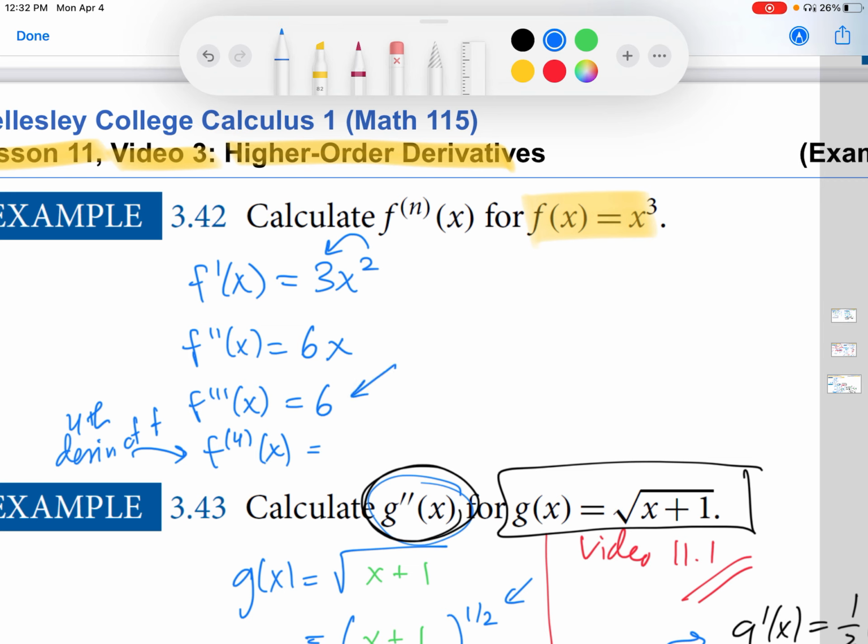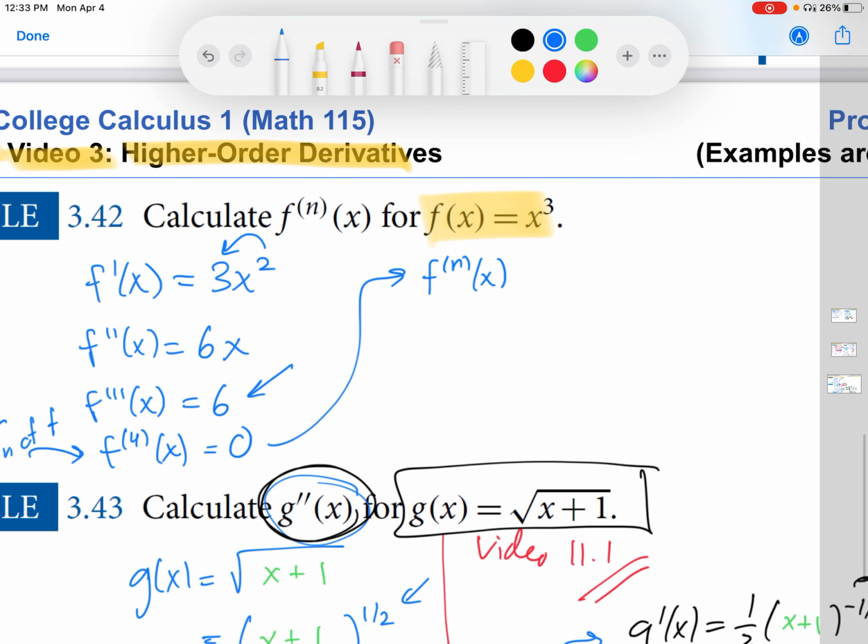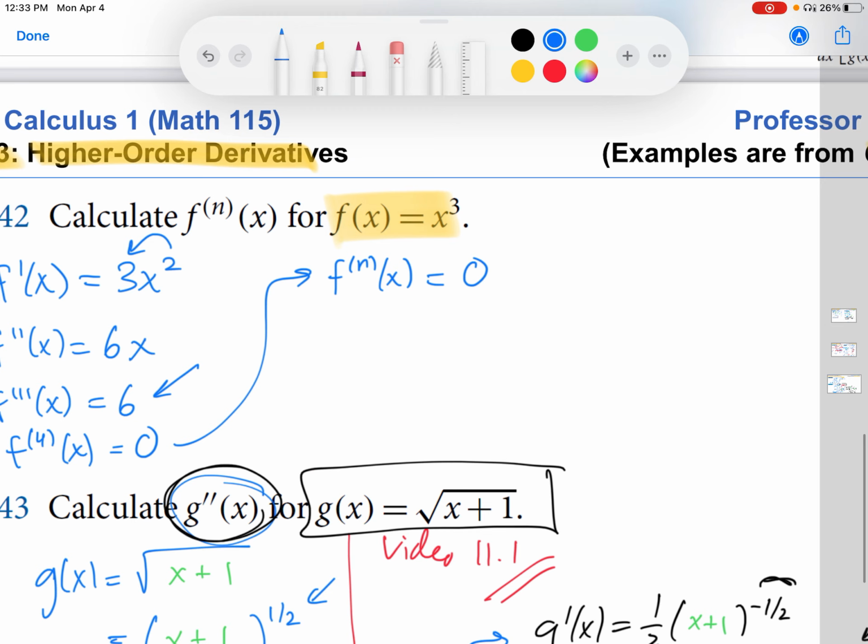The third derivative was a number, the derivative of a number is 0, so the fourth derivative is 0. And once we've differentiated to 0, any higher order derivative, the 5th, the 6th, the 7th, is going to be 0 because the derivative of 0 is 0. So we're going to say f^(n) of x equals 0 for all n greater than or equal to 5.